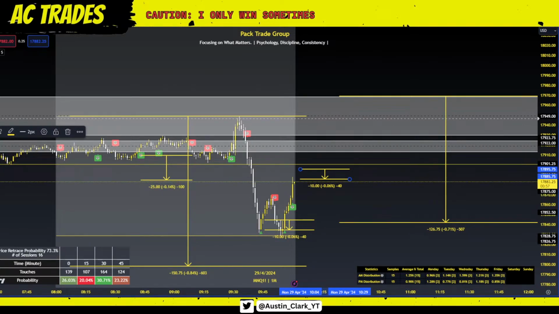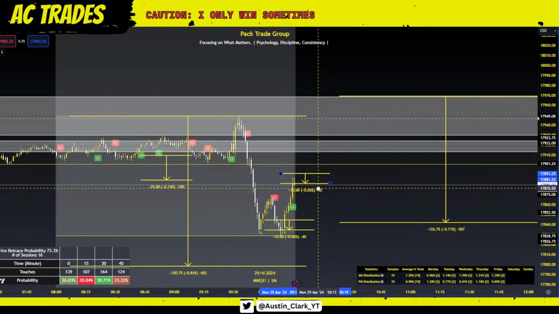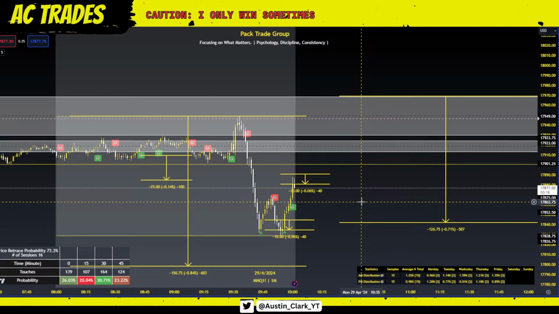Took that long on MNQ for 10 points. TP set for both MT5 and Tradovate.